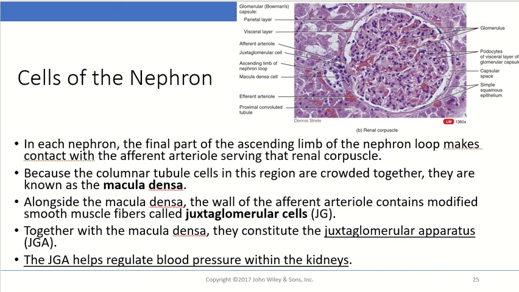Alongside the macula densa is the wall of the afferent arteriole, and this is going to contain modified smooth muscle fibers called juxtaglomerular cells. Together with the macula densa, these are going to constitute the juxtaglomerular apparatus, or the JGA. And this juxtaglomerular apparatus is going to help to regulate blood pressure within the kidneys.